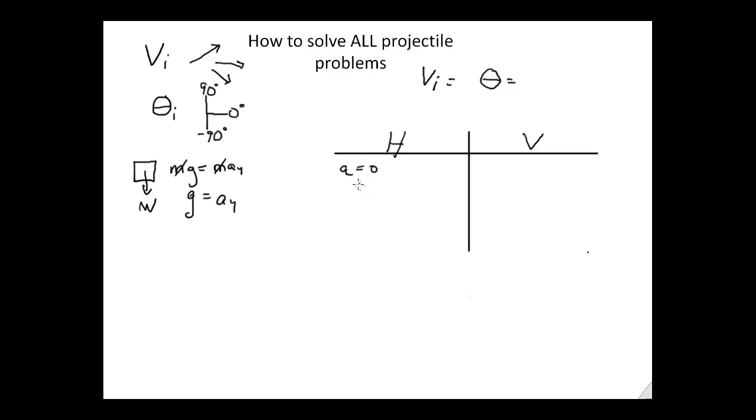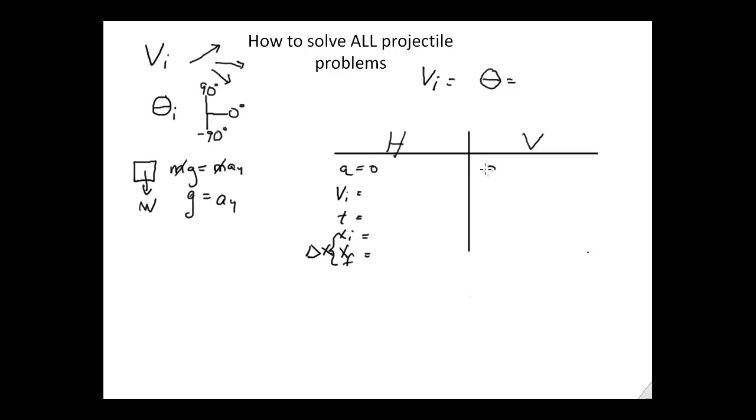And because there's no acceleration, the only important values horizontally are the initial horizontal velocity, the time, and your initial position and your final position. Of course, sometimes these two are lumped together to be delta x.